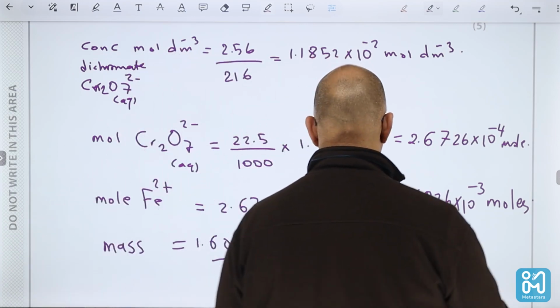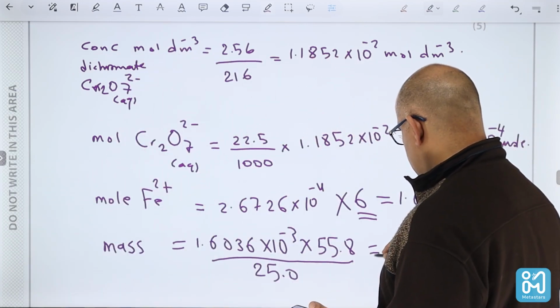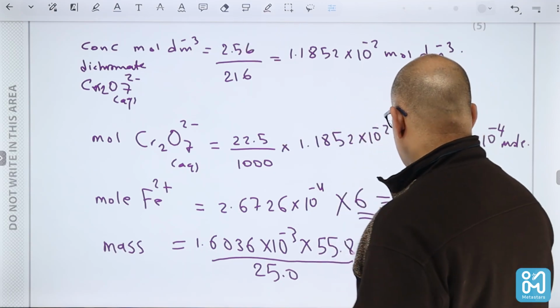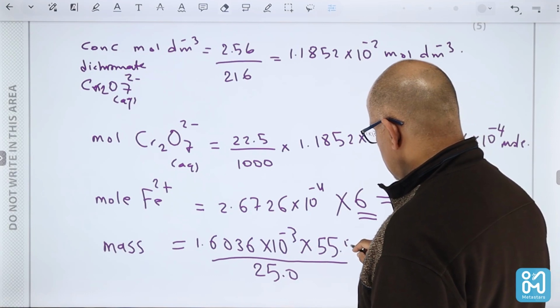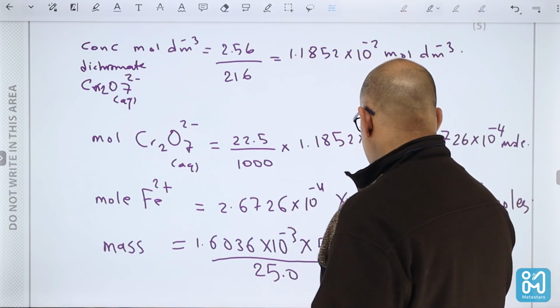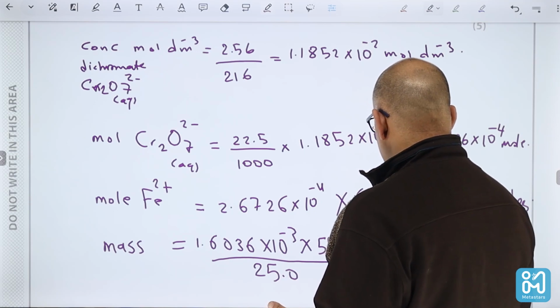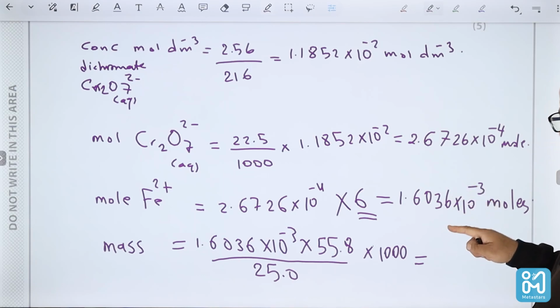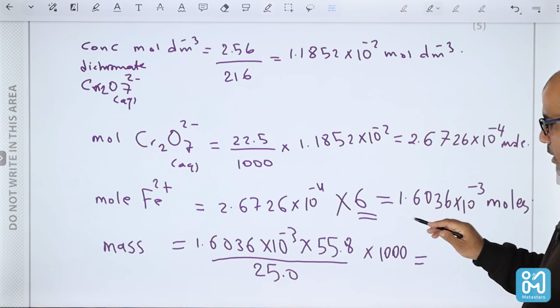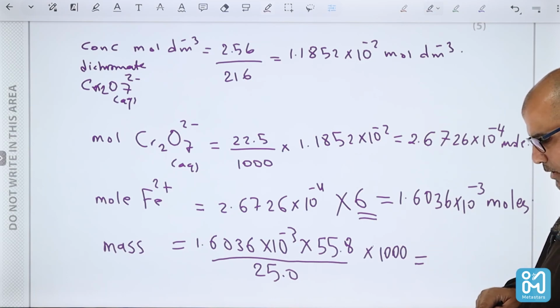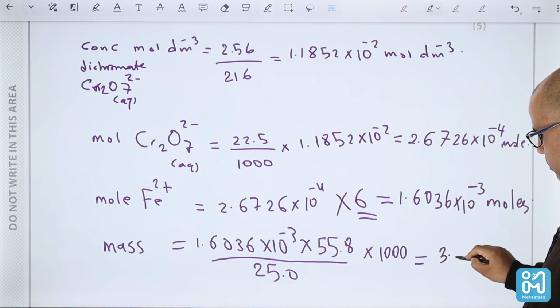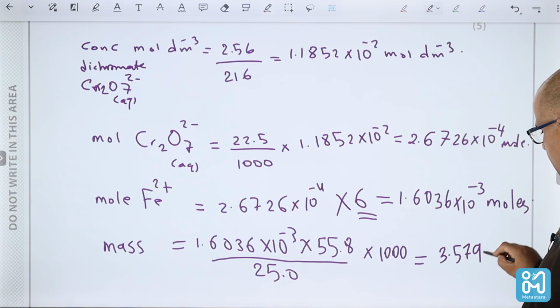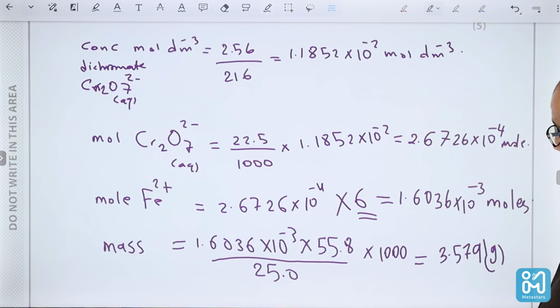Sorry, here we shall multiply it by 1,000, since to find its moles, this is the concentration times the molar mass, and this equals 3.5791 grams.